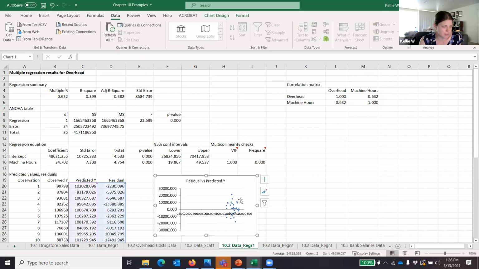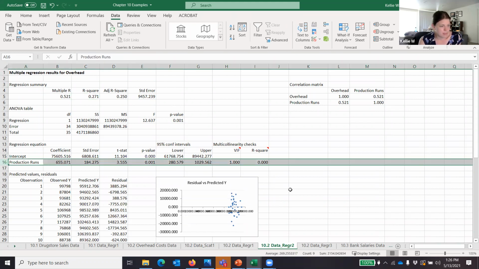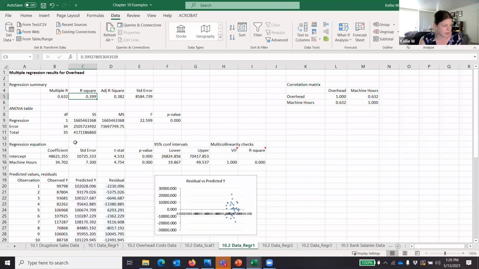They're centered around 0, and there's no obvious pattern. What else? P-value is good. The R-squared is not, 0.4 is not great. This one's even worse, 0.271. The p-value is good, but neither of these would be great predictors for our dependent variable.